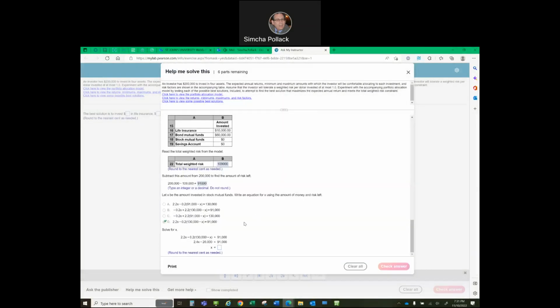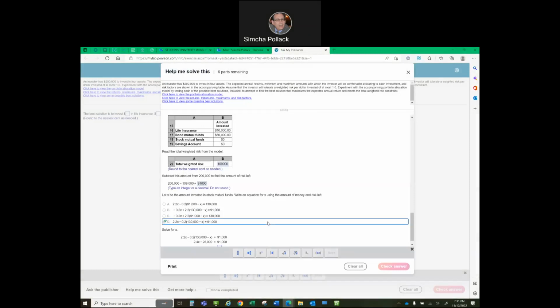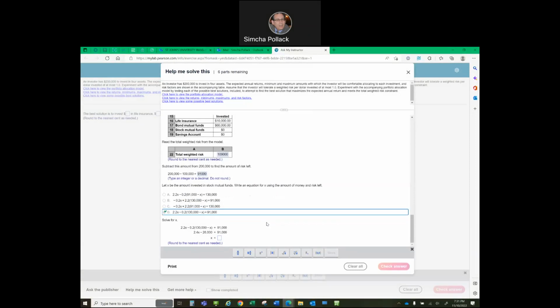And solving the equation, they help you. They combine terms for you. Essentially, the way you solve this equation, for those of you who might have forgotten, is you take the 91,000 and you add to it the minus 26 from the other side, so it's plus 26,000, and you divide by 2.4, and that comes out to 48,750.